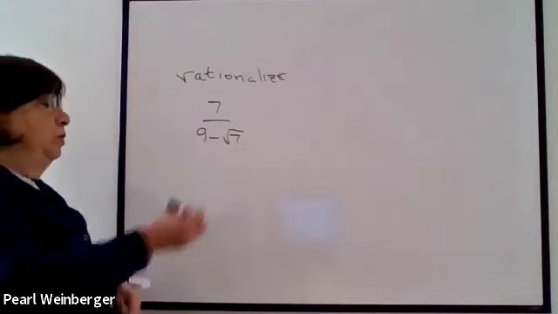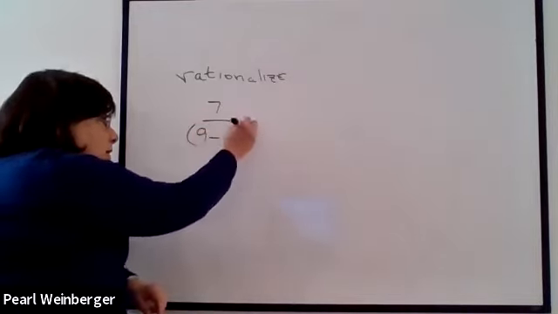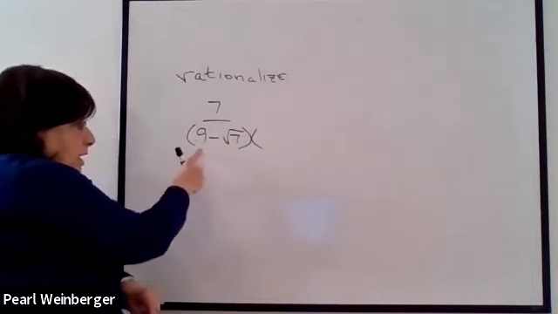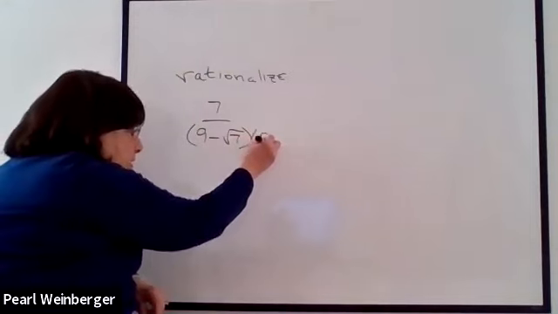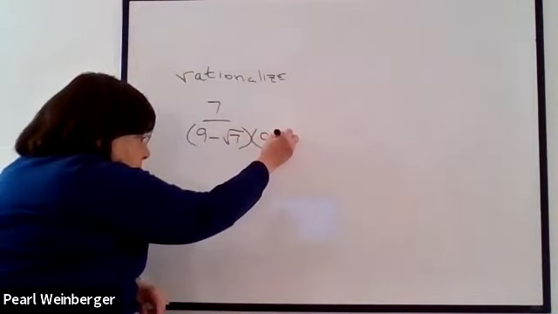So I know I have to multiply by the conjugate. The conjugate of 9 minus radical 7 is 9 plus radical 7.